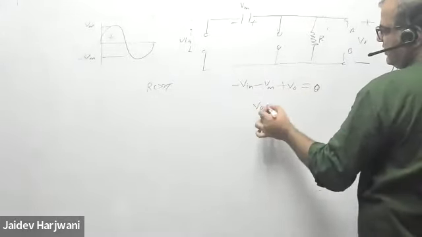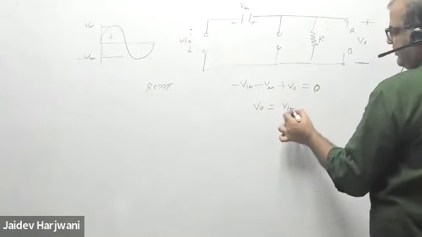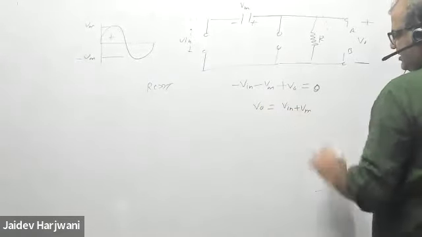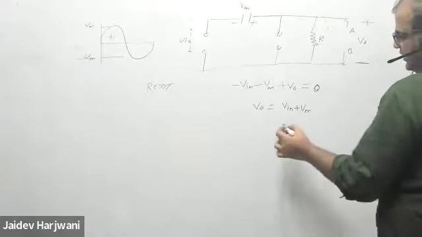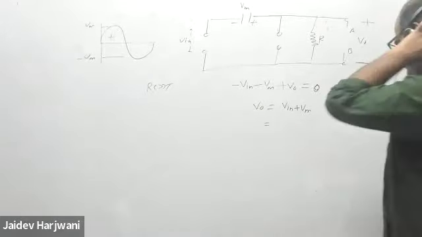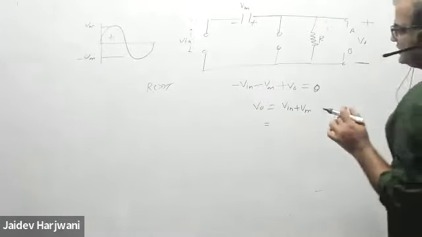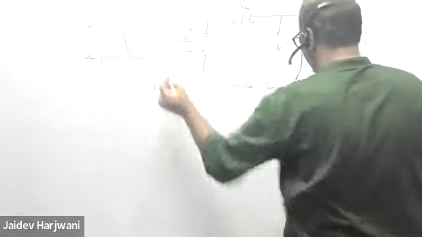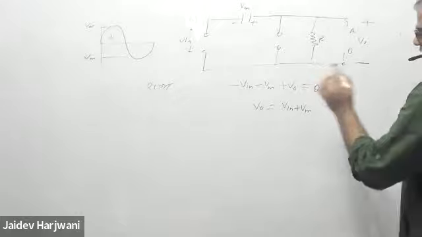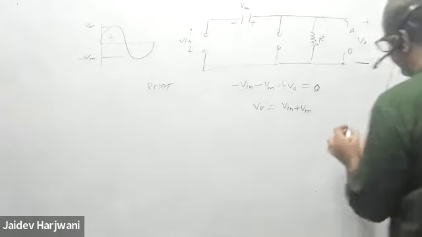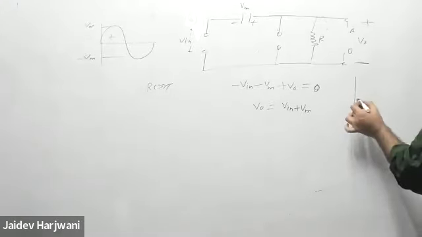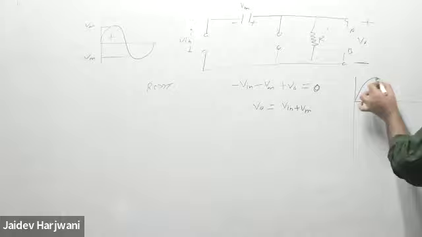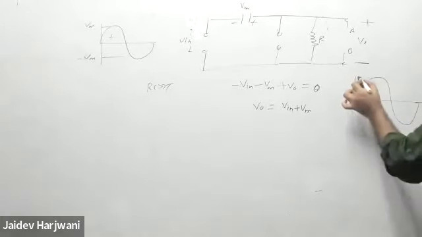So my V naught will be V input plus Vmax. And V input is varying like this, from negative to positive. So let us now find what my output is. So this is my input.